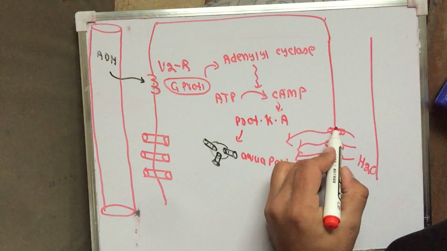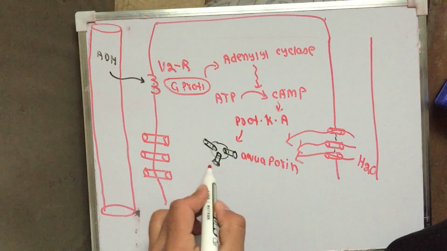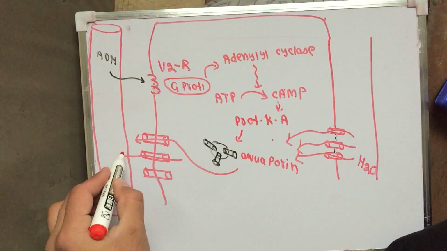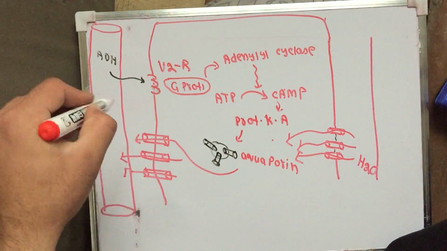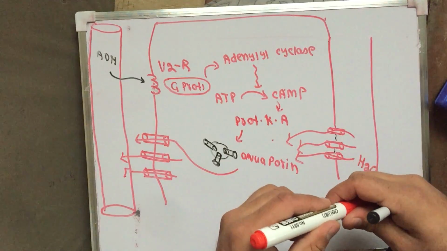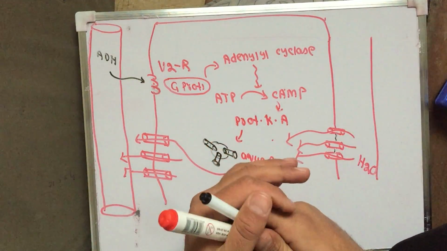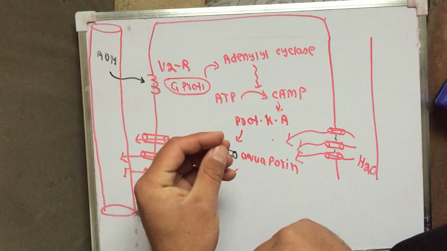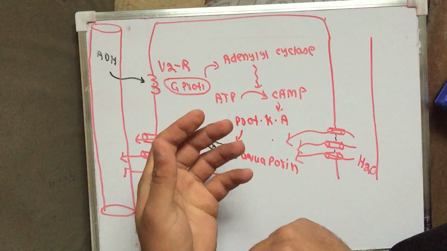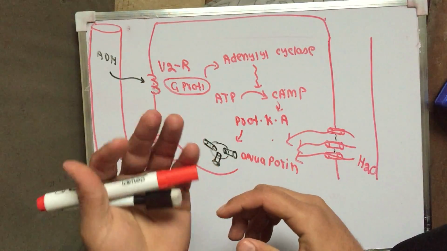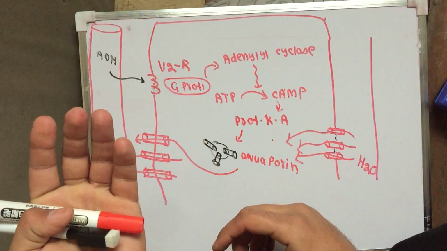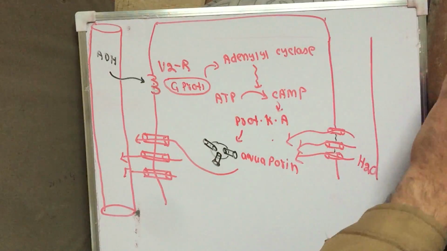So water starts going from this, passing through the cell and moving toward this direction into this region, and blood volume increases. So this is the mechanism of action of antidiuretic hormone on the collecting duct or the distal convoluted tubule, in which antidiuretic hormone increases the water level of the blood.